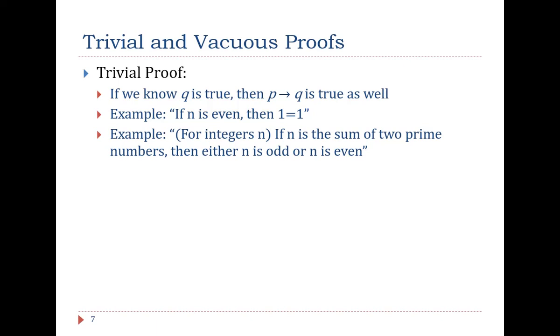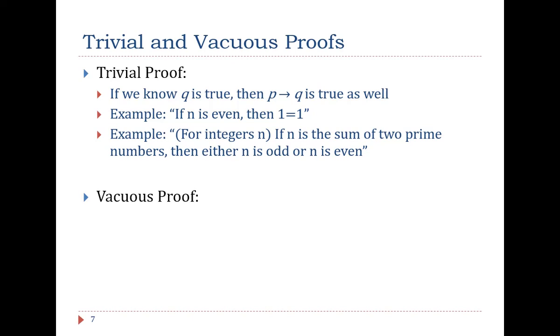Do you agree? Pick any number n, it's either odd or even, regardless of whether n is the sum of two prime numbers or not. So a corollary of the fact that n is either odd or even is that numbers that are the sum of prime numbers are also either odd or even.